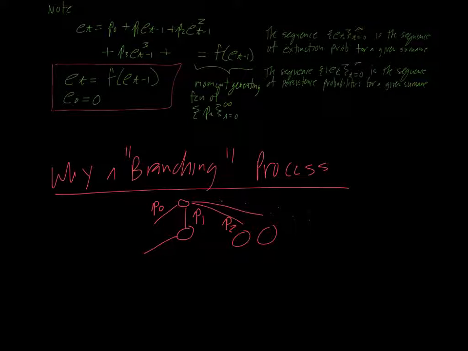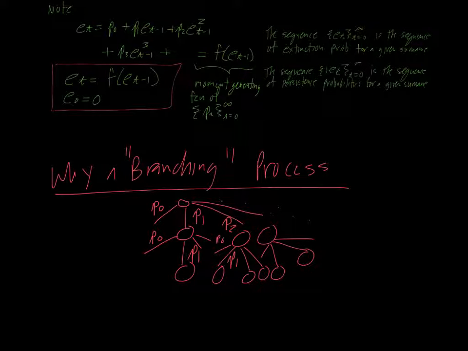So 0 offspring with a certain probability, 1 offspring with another probability, and then each one of these individuals again has their own branches. So p0, p1, right? And what you end up with is branches. Okay, and again, hence the name branching process.